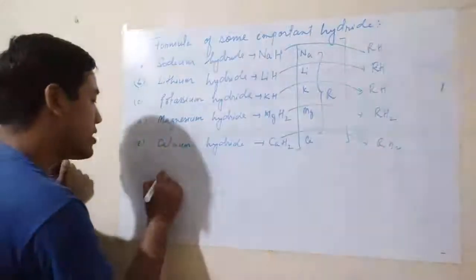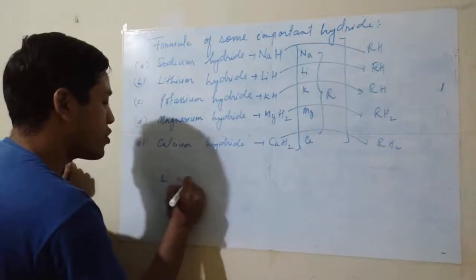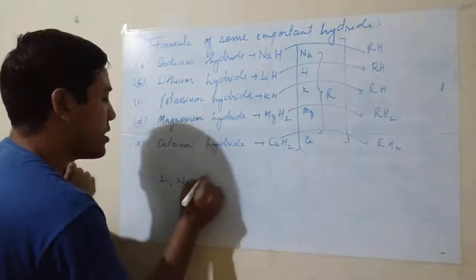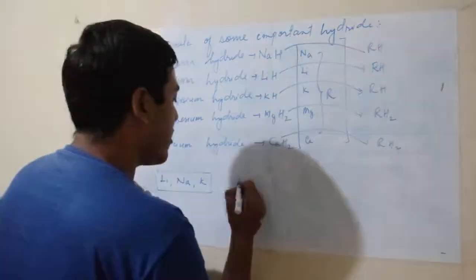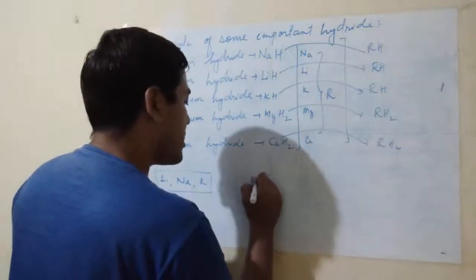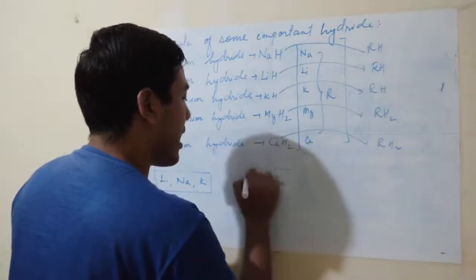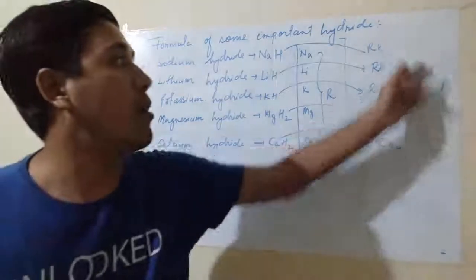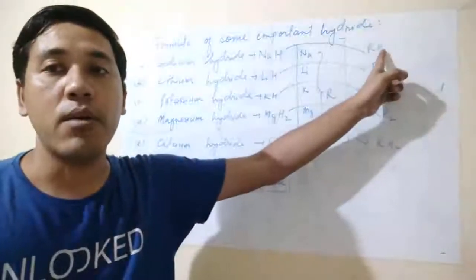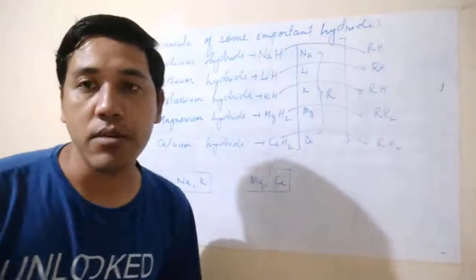From this formula also we can say that lithium, sodium, potassium have similar chemical properties, and magnesium and calcium also have similar chemical properties. This is the Mendeleev formula of these compounds. Please copy down.